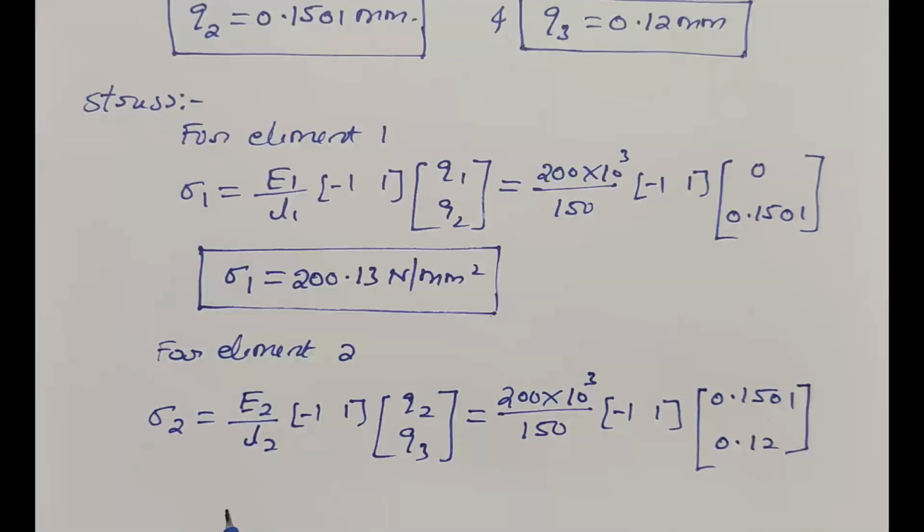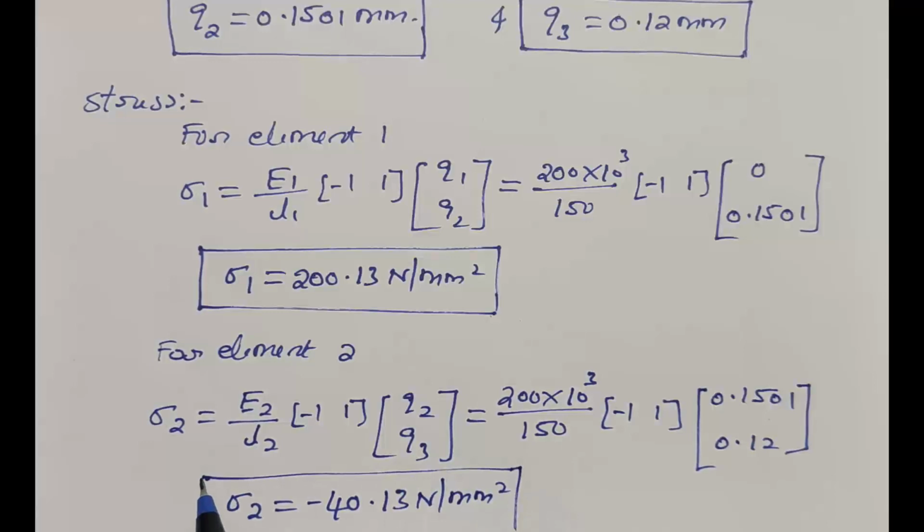On simplification we will get sigma 2 is equal to minus 40.13 Newton per mm square. This is the stress in the second element.